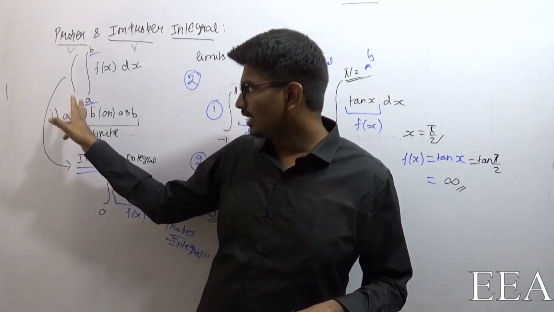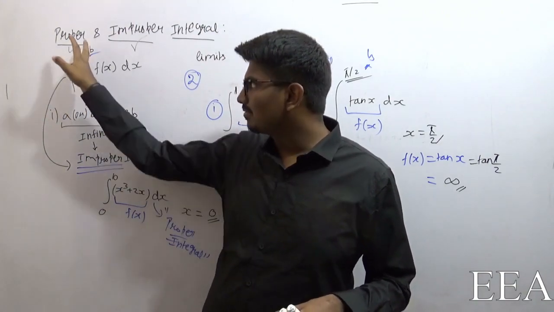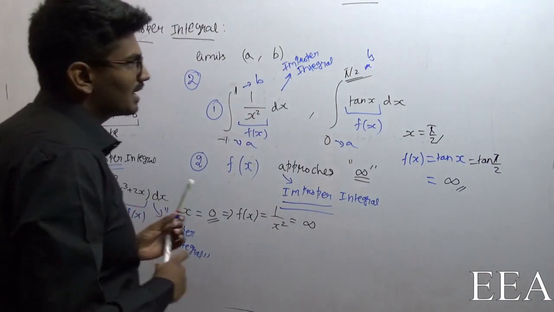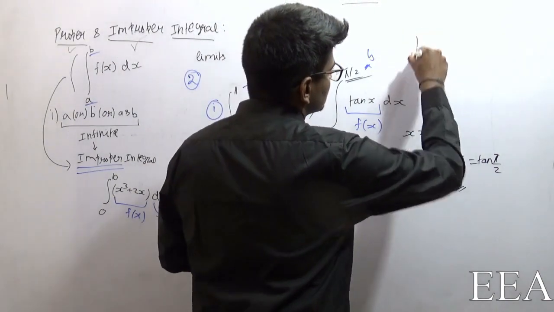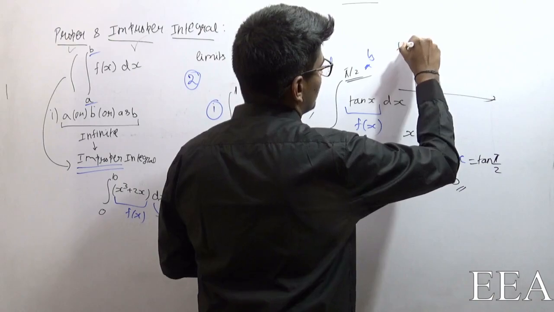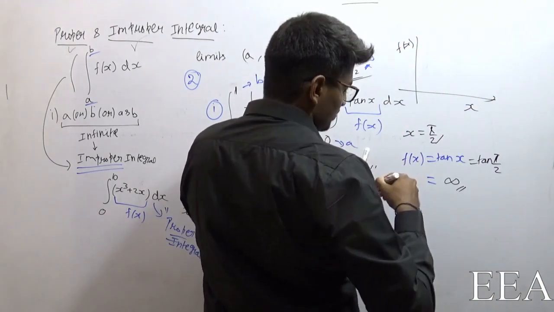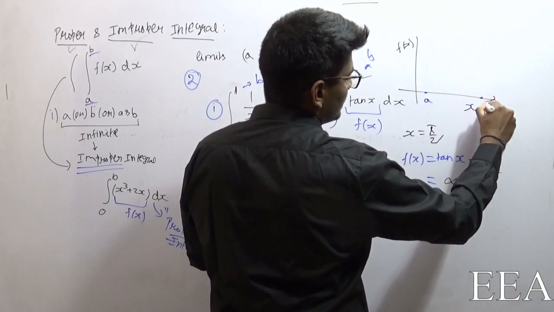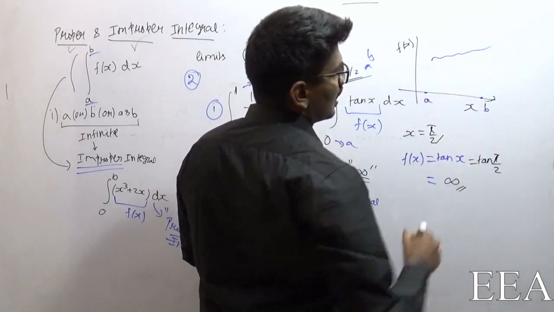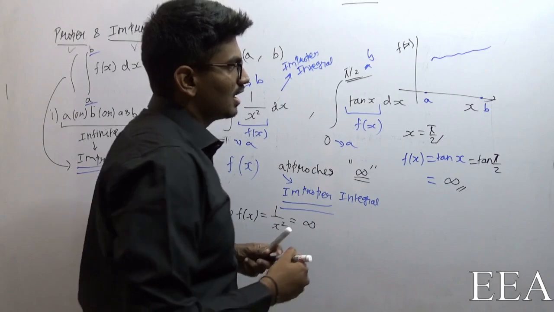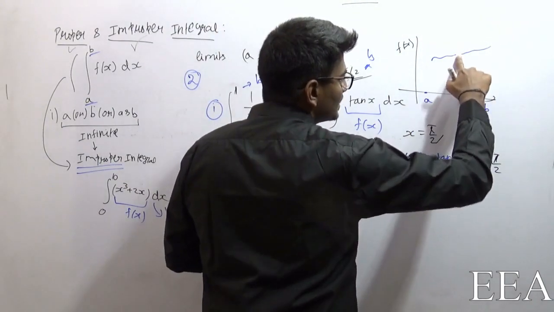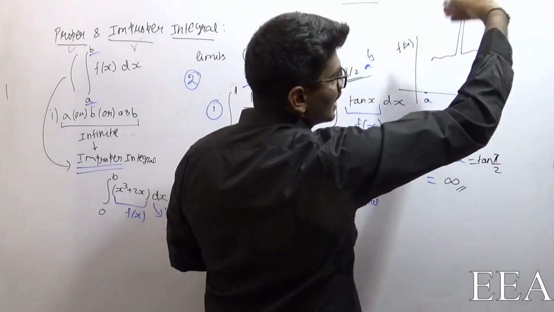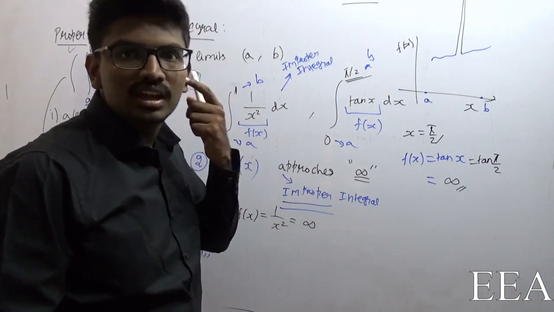Now in the same way, if between some values f of x is becoming infinity, what does that mean? For example, I am taking a curve like this. This is f of x. Between a and b, I am defining a curve f of x, and between a and b at some point it is reaching infinity. At some point the curve is reaching infinity, right? Infinity means we cannot define it.